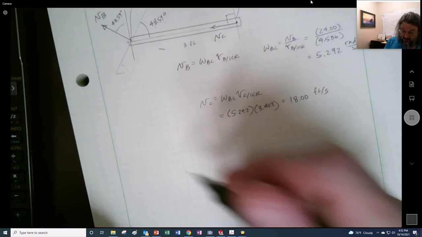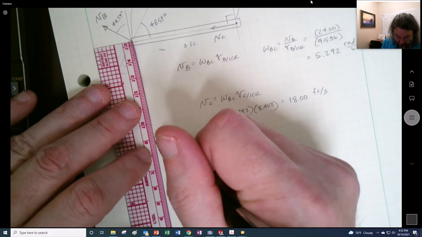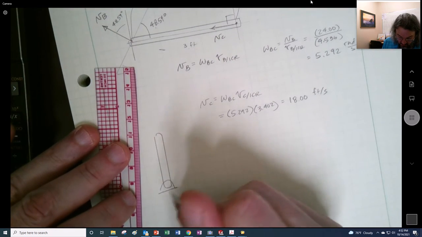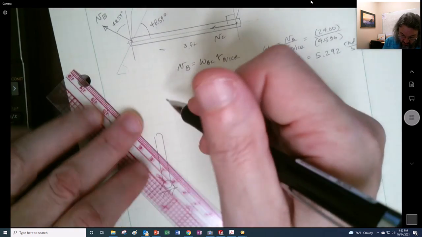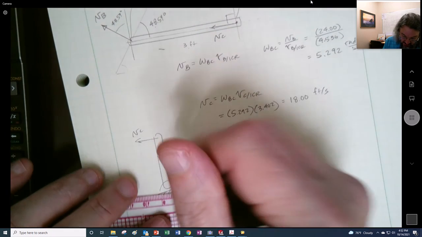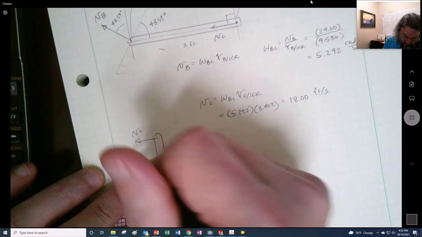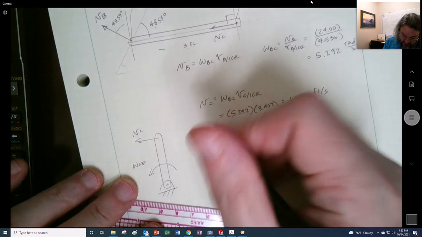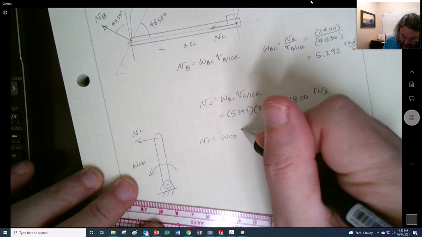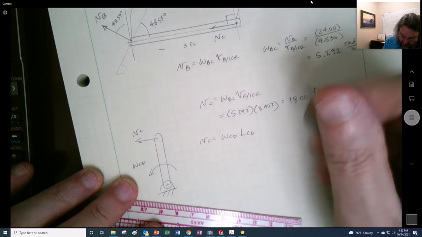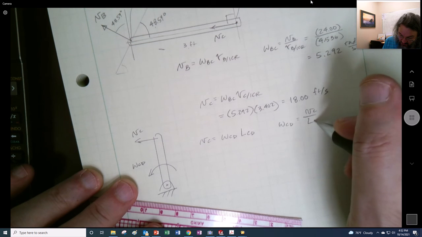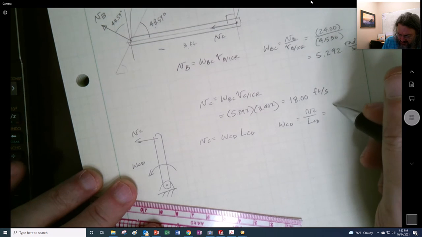And now the last thing I have to do for this one is to say we have 18 as the velocity of C, and this is the omega CD, and we know that VC is equal to omega CD times LCD. Therefore, omega CD, the thing we want to get, is velocity of C over LCD. I just did this a second ago, but I did it again.